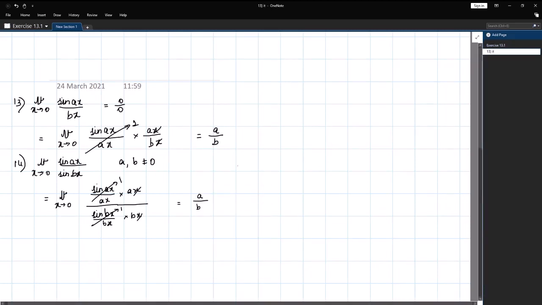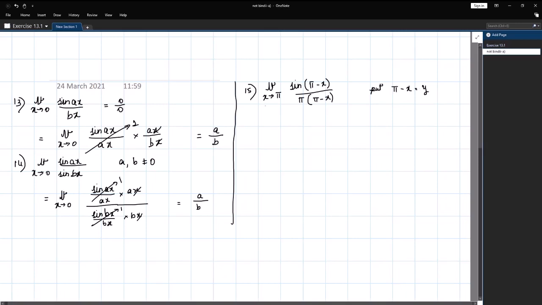And then question number 15, we have limit x tends to pi, sine of (pi minus x) divided by pi into (pi minus x). So if we substitute pi, we'll have 0 by 0 form. To negate that, we'll substitute pi minus x is equal to y.